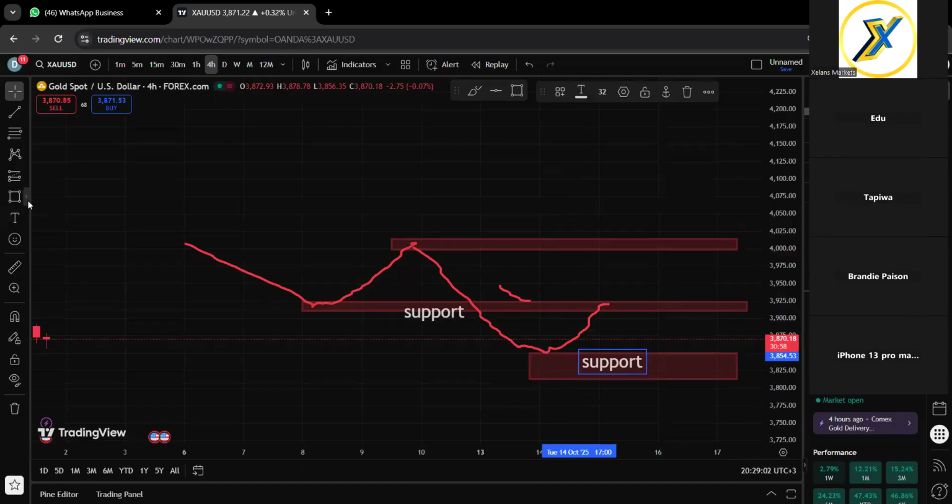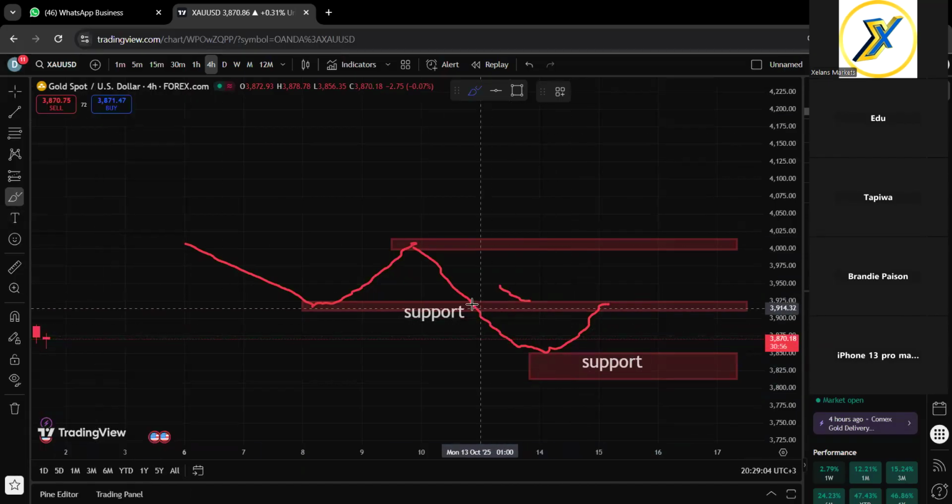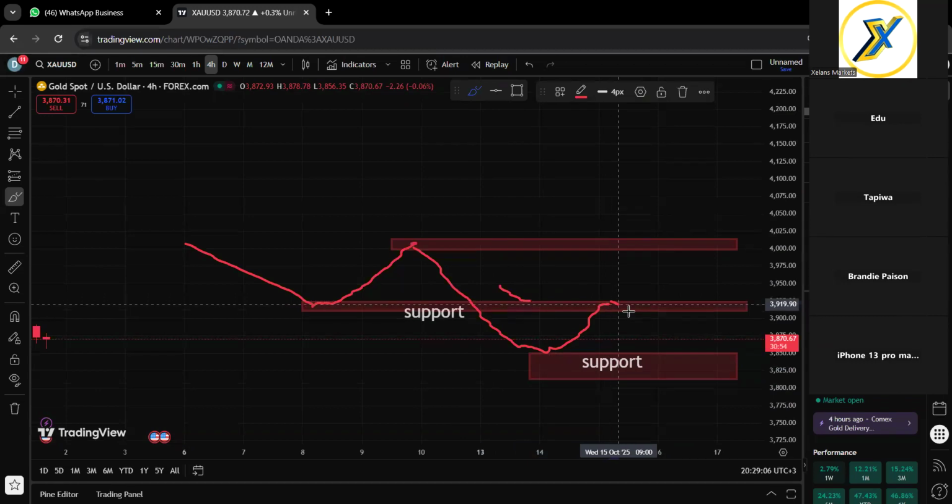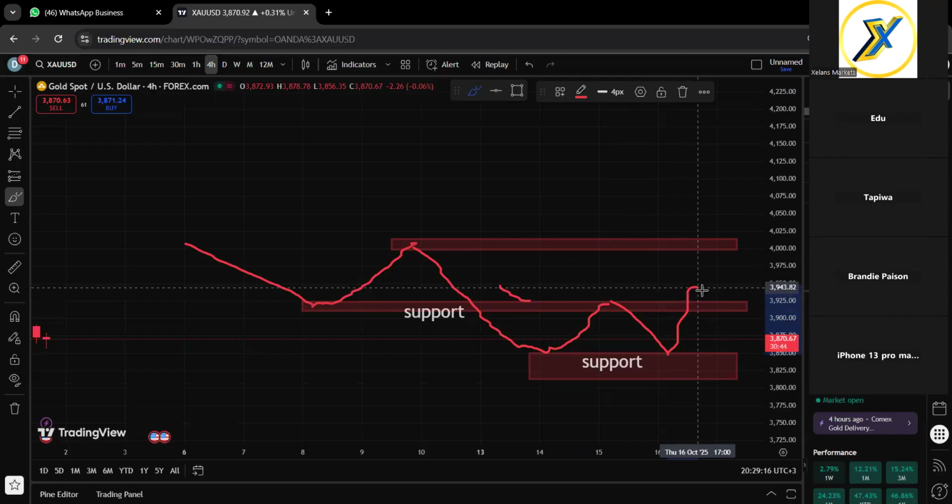Then this old support, which was the previous support, will now become resistance. So if this market comes back to resistance and breaks above the resistance with a body and continues to push up, this becomes now the support, and this will become the resistance.